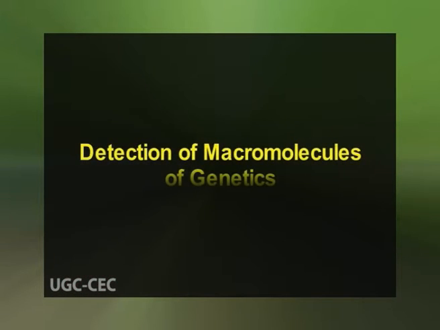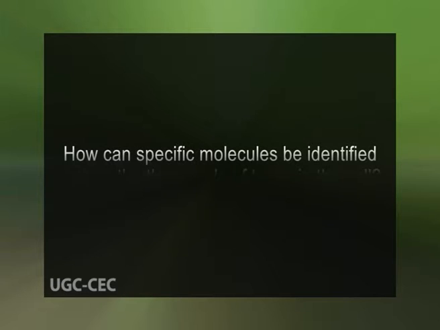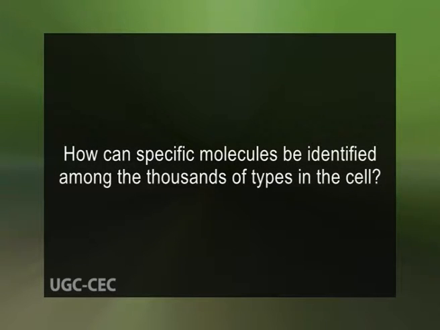We will now study detection of macromolecules of genetics. Because the main macromolecules of genetics are DNA, RNA and proteins, genetic analysis often requires the detection of specific molecules of each of these three types. How can specific molecules be identified among the thousands of types in the cell?